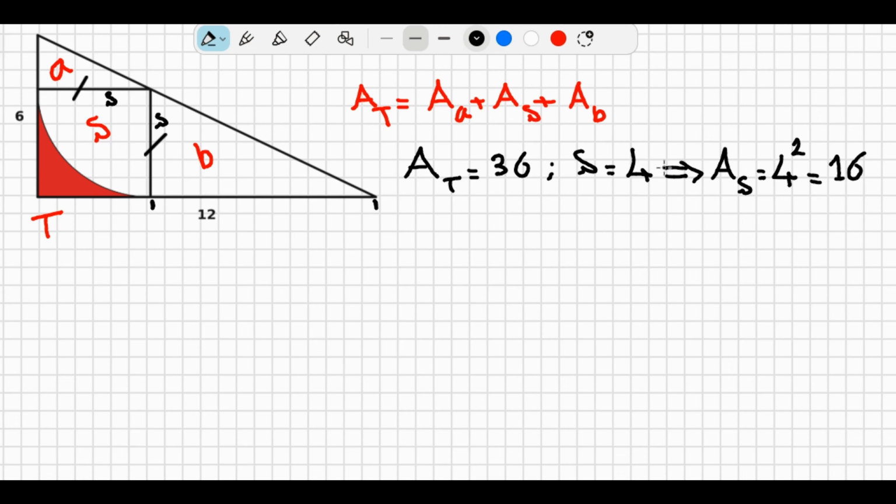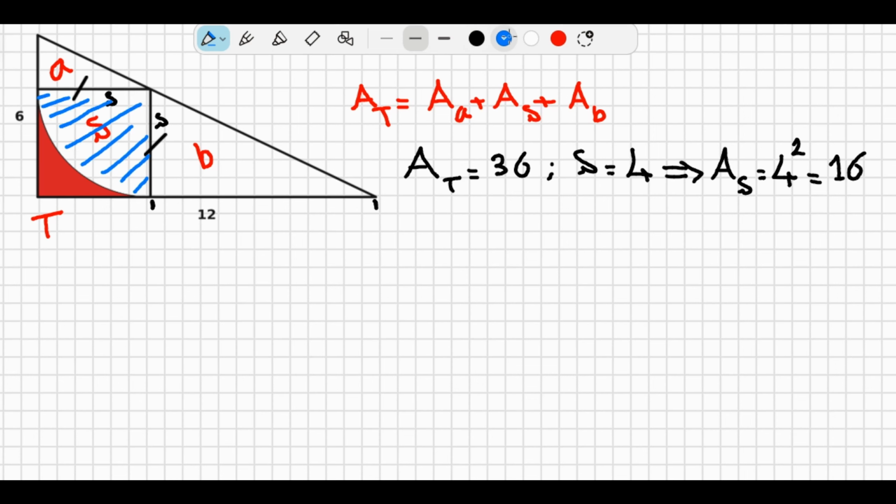Okay, as you can see, this shape here is actually a quarter of a circle with the radius being the side of the square. This is the radius of this quarter circle. And since we found S to be 4, the area of this section here, let me color that with blue.